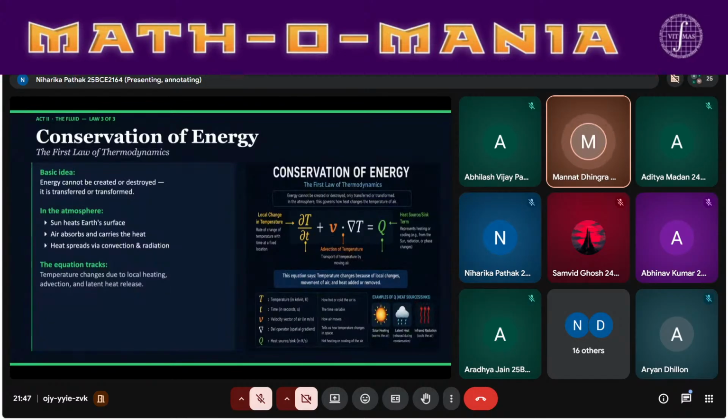So for example, we can say from the sun, radiation or phase change. So there are much better examples below that. Solar heating, which is basically the sun, which gives us heat waves. There's latent heat. It is released during condensation, and then there's infrared radiation, which basically cools the air.